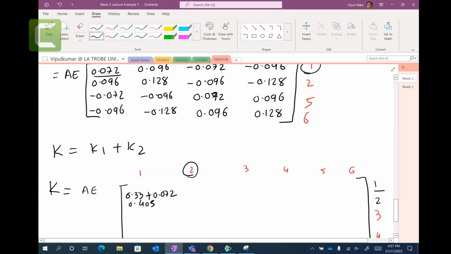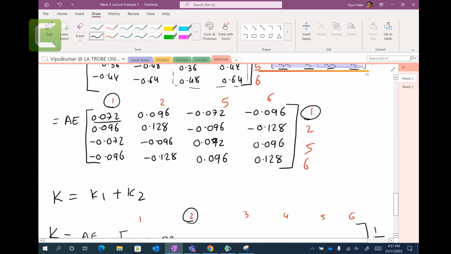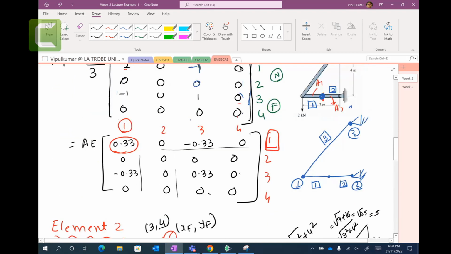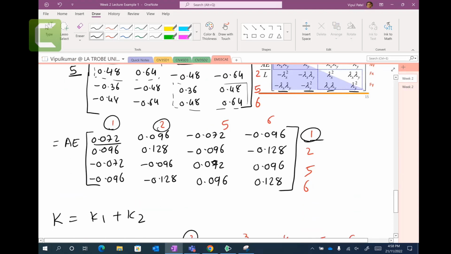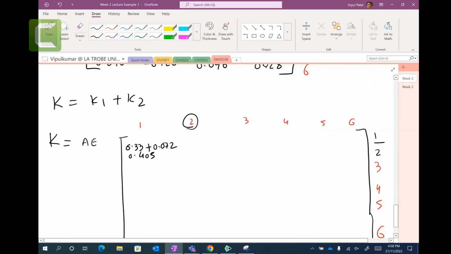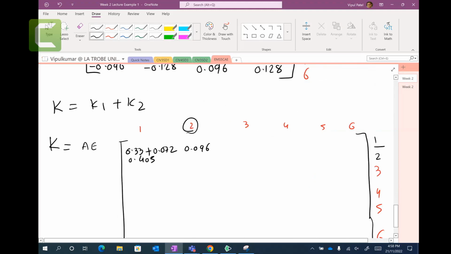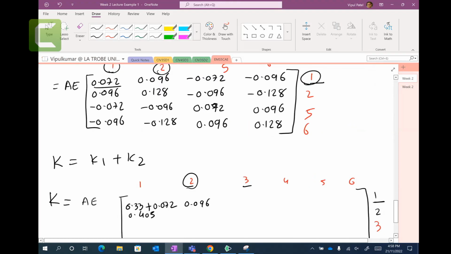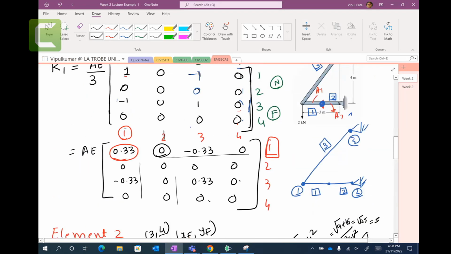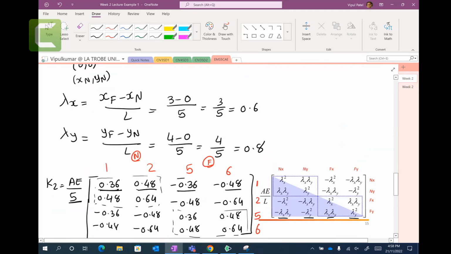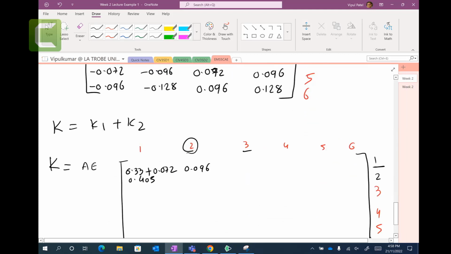Column 2, row 1. So first you go to here. Column 2, row 1, 0. So that is fine. Column 2, row 1, 0.096. So 0.096. Column 3, row 1. There is a column 3, row 1, 0 minus 0.33. There is no column 3 there, take it 0. So you can have minus 0.33.